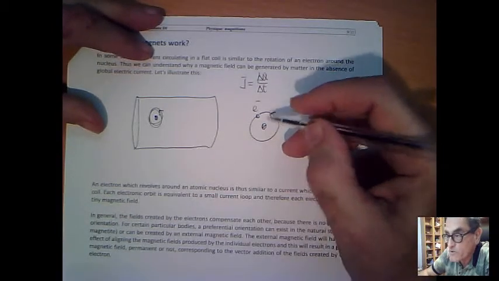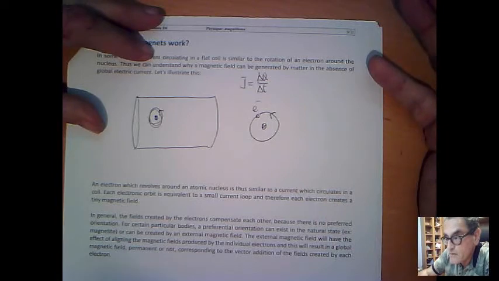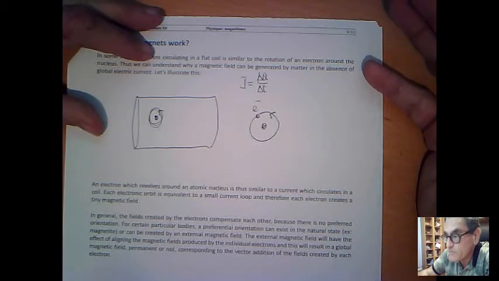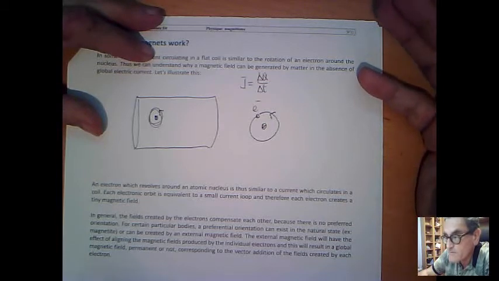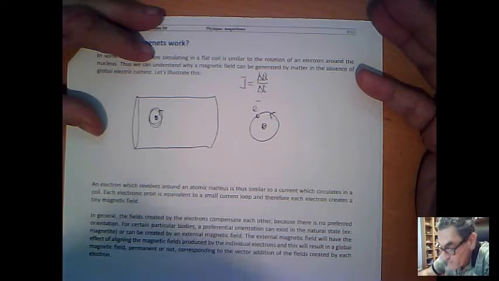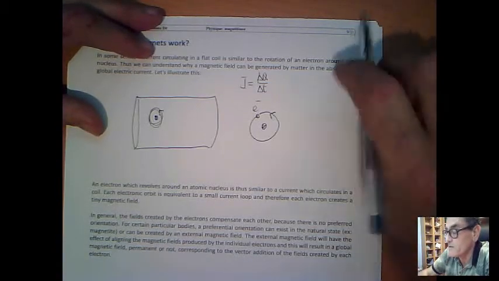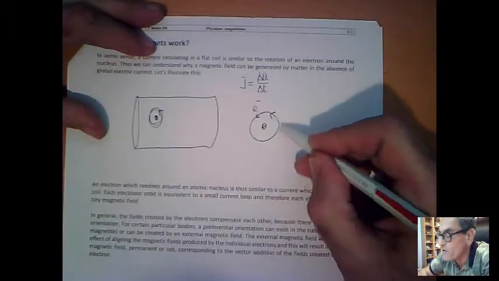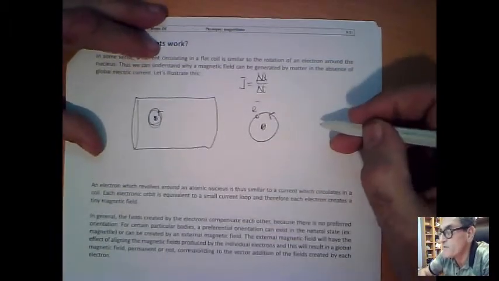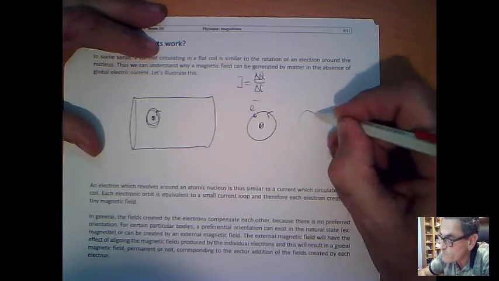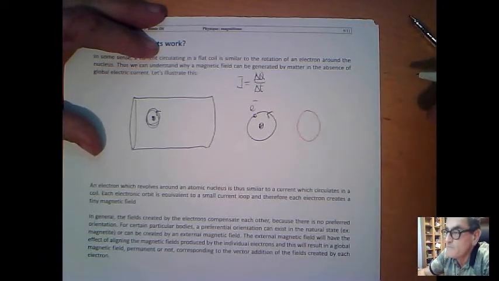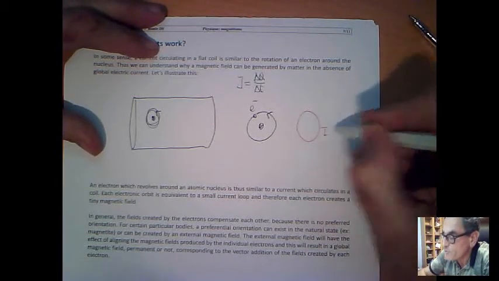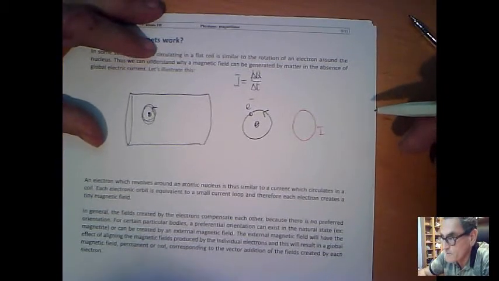And when there is a current, what do we have? We have a magnetic field, okay? So here, be careful, now it's an electron moving this way. So this is equivalent to a current which is moving which way? If I draw here the corresponding current.